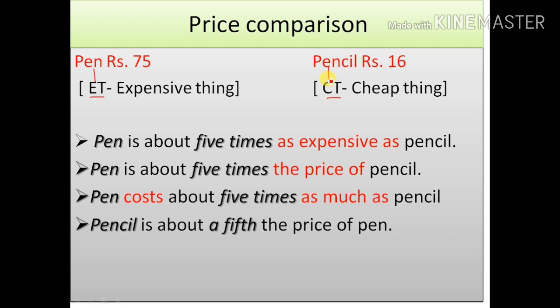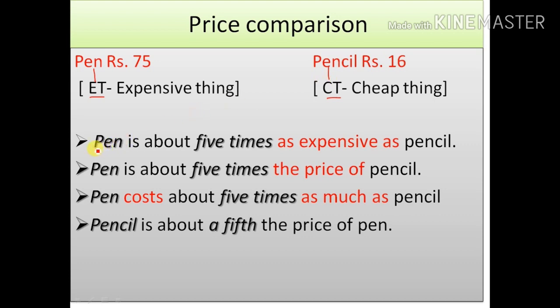While making comparison, either we can put expensive thing at the beginning of our sentence or we can put cheap thing in the beginning of our sentence. And if we use expensive thing at the beginning, we have to use times, and if we use cheap thing in the beginning of the sentence, we have to use a half, a fourth, a fifth, a sixth. So let's see.